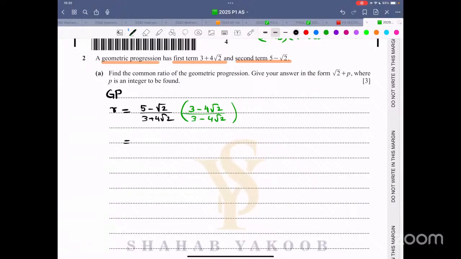So now numerator, 5 into 3, 15. 5 into 4, 20 root 2. That is 3 root 2, and this root 2 becomes 2, and that's 4 into 2. This whole thing is being divided by 3 square minus (4 root 2) square.